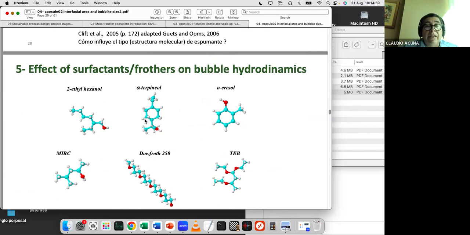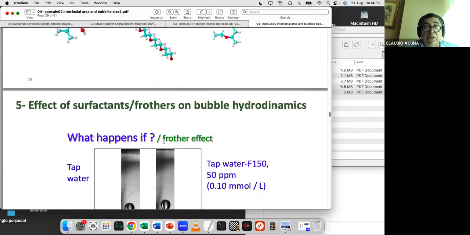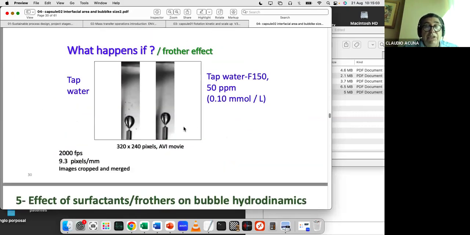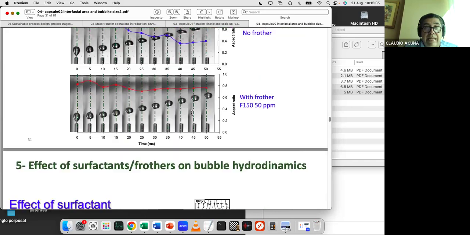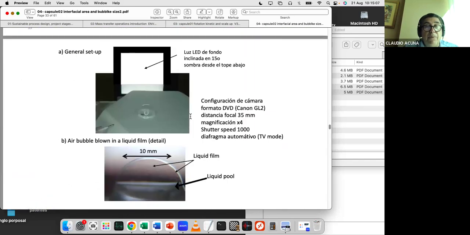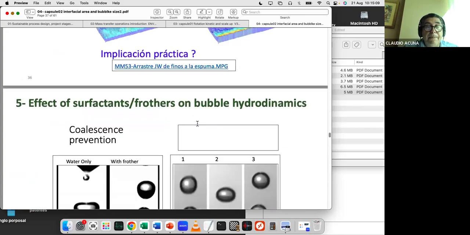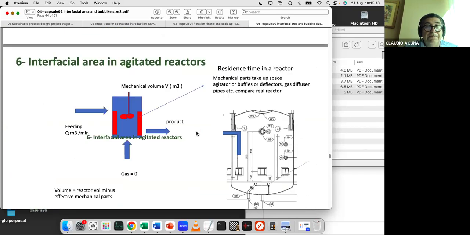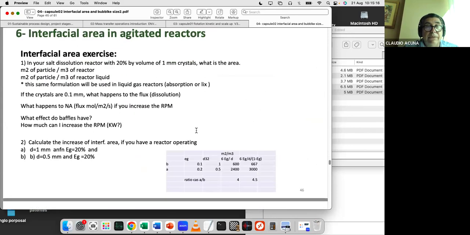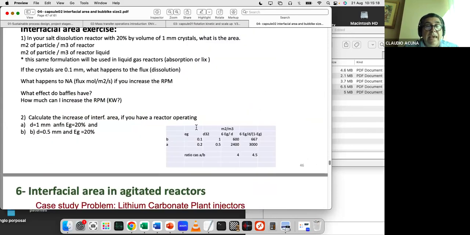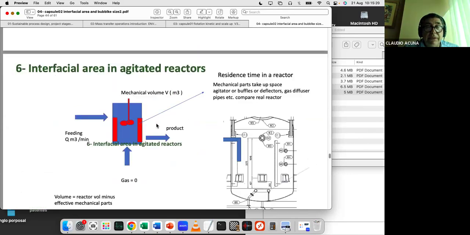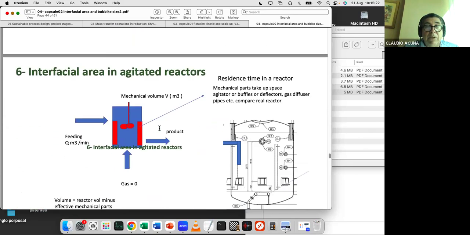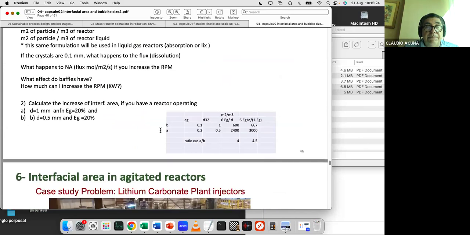We will understand the effect of frothers, the molecular structure of frothers, how it changed the hydrodynamics, but also, very important, how it changed the reactor. Yeah, how it changed the motion of the bubbles, because this is only aerodynamic.